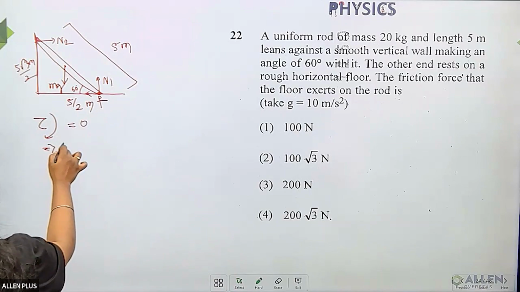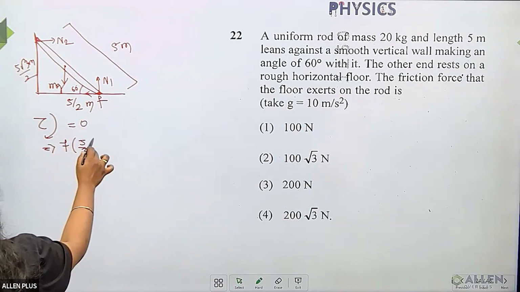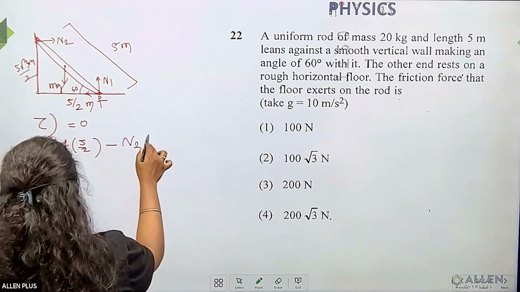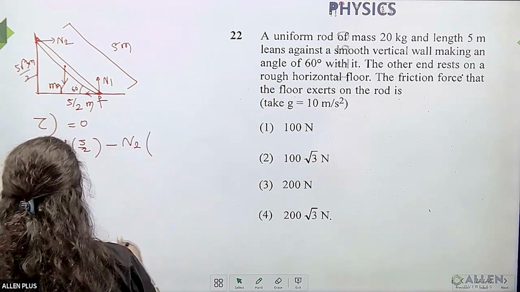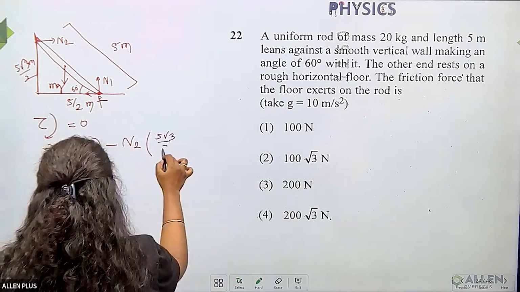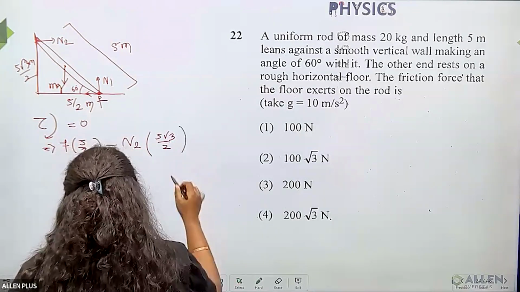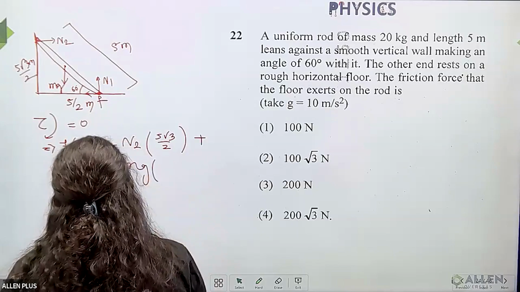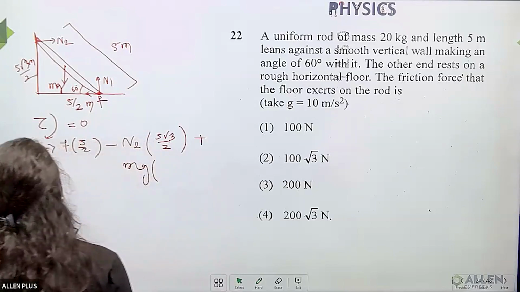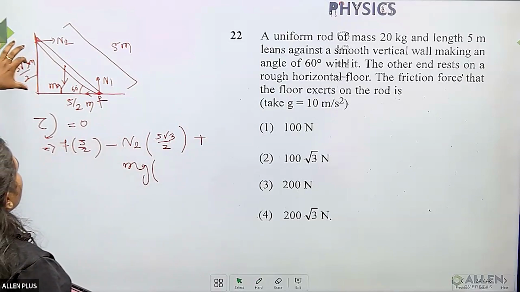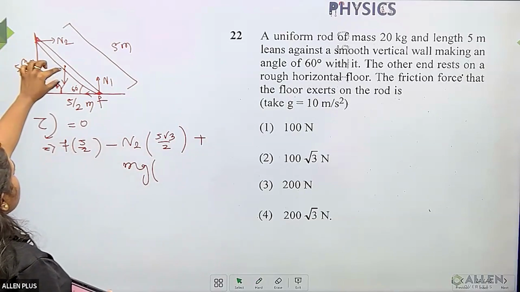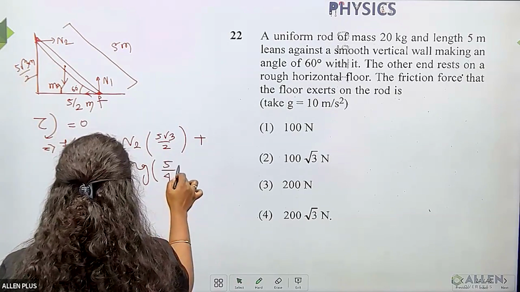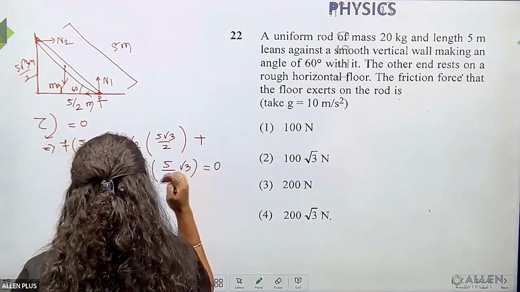From here, I can write f of 5 by 2 minus n2 of 5 root 3 by 2 plus mg of... Now what you have to do, this entire length is 5 by 2 root 3, right? Mg from the center of mass, what distance is that? Only that has to be considered. So half of it, 5 by 4 root 3, this will be equated to 0.